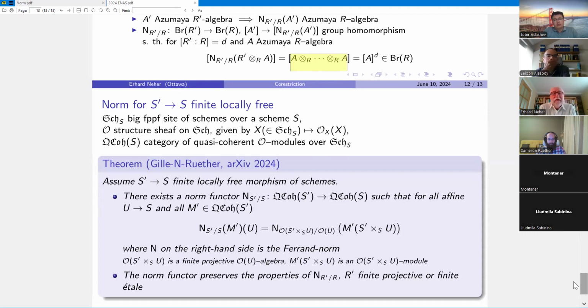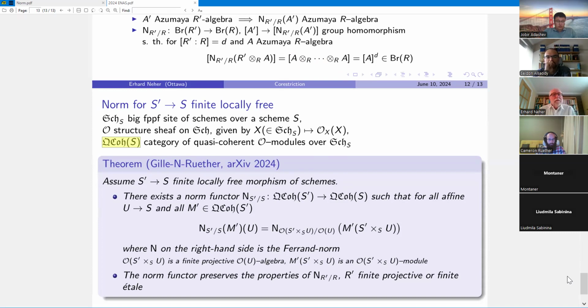What we do is, the field F was replaced by the ring R, and it's now replaced by the scheme S. We look at the big fppf site of schemes over S. This is a ringed site. It has a structure sheaf given by taking the global section functor. This then allows us to define the category of quasi-coherent O modules over this site.